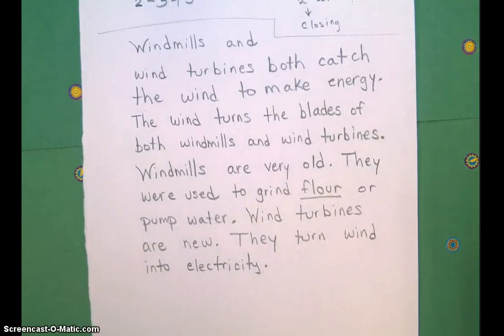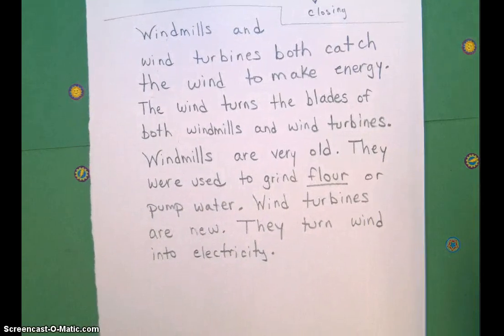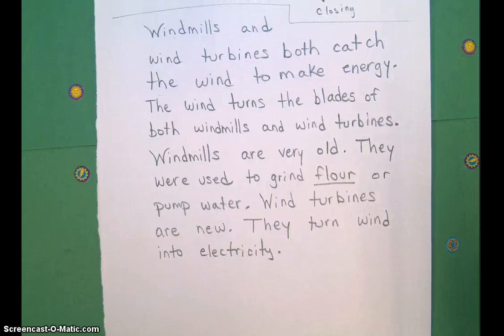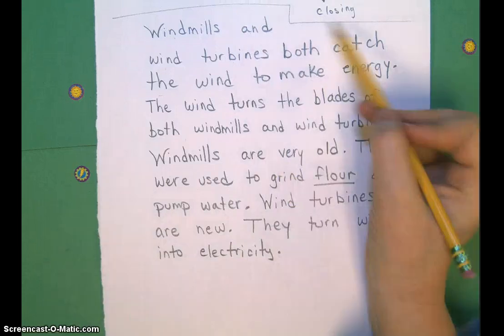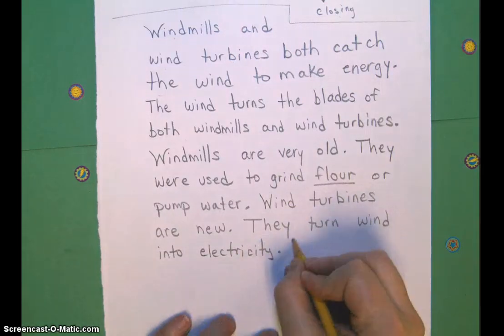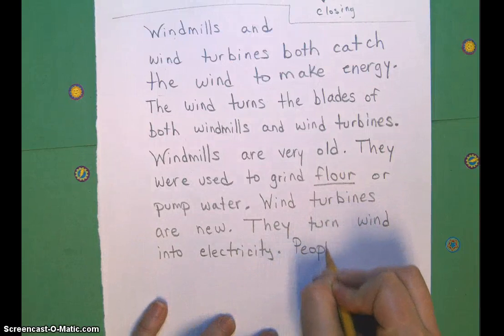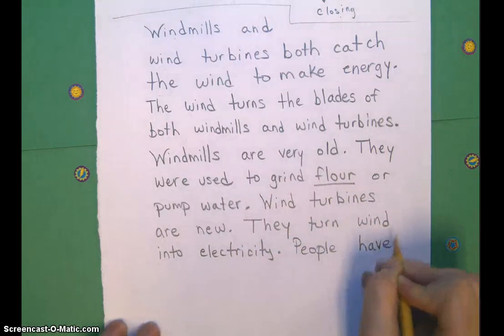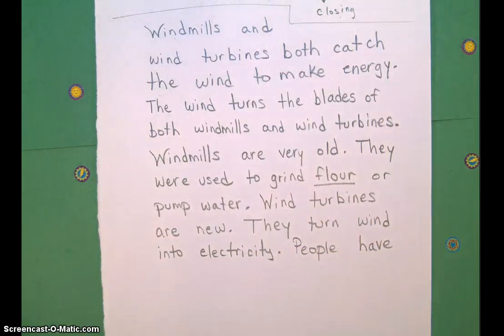Well, we've been using the wind for a very long time, so I might want to use a conclusion like that. I'm going to say people have used energy from the wind for many years and will continue to do so. That could be my closing.